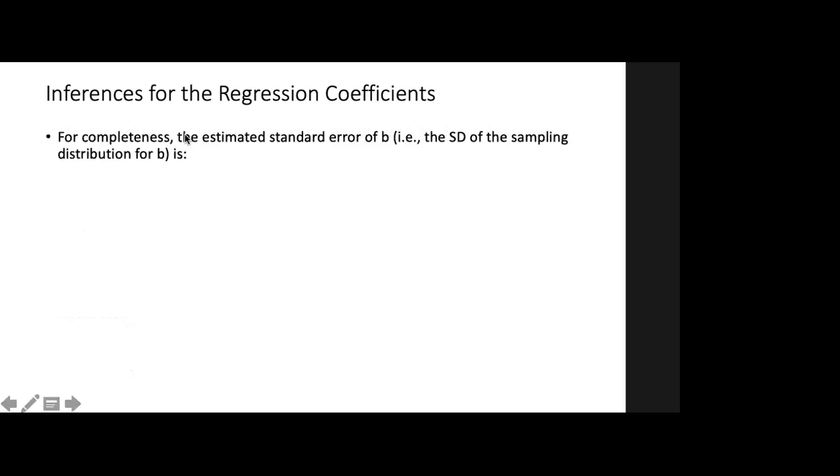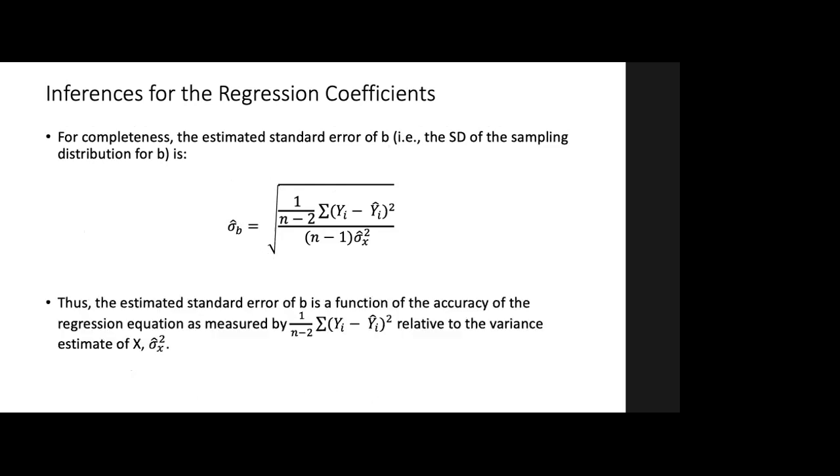And just for the sake of completeness, the estimated standard error of our regression coefficient or slope, that means the standard deviation of the sampling distribution of B, is calculated according to this formula, and again, it's the same as for the correlation coefficient.